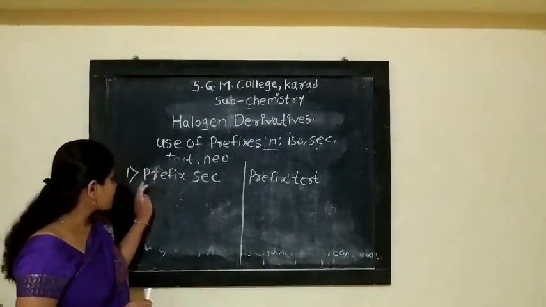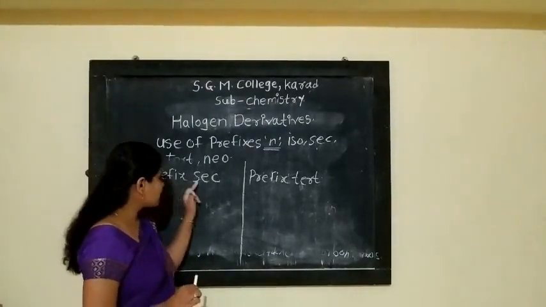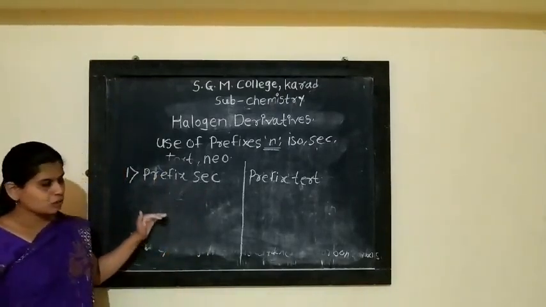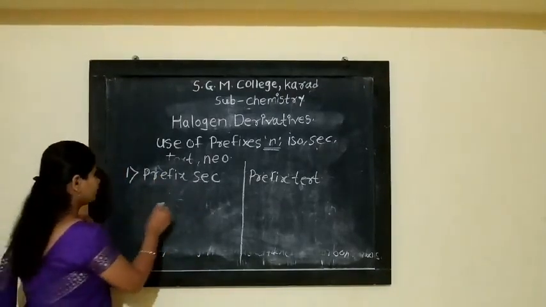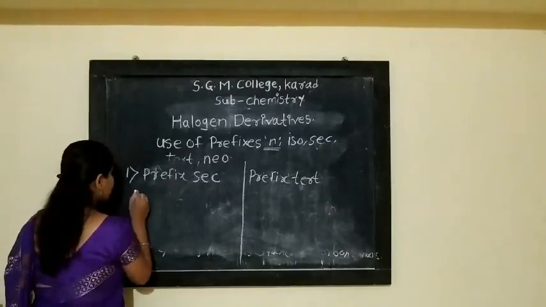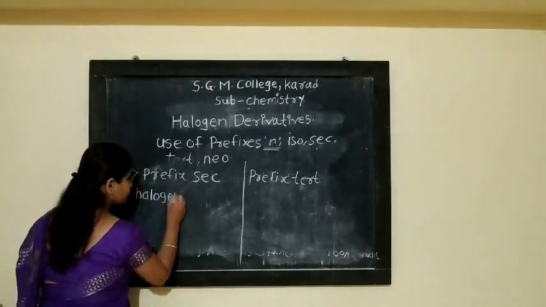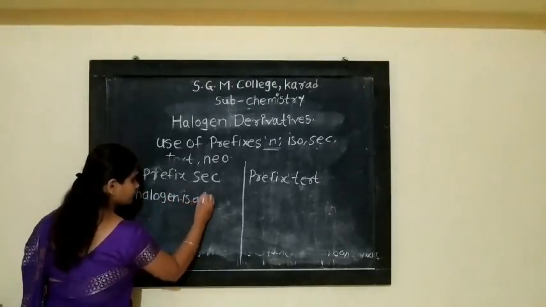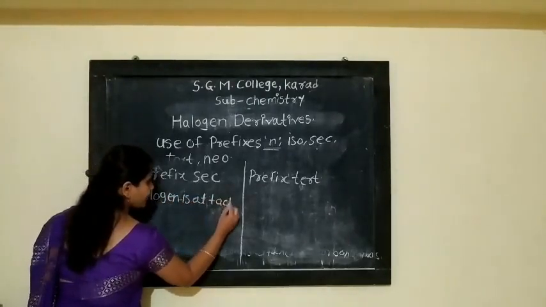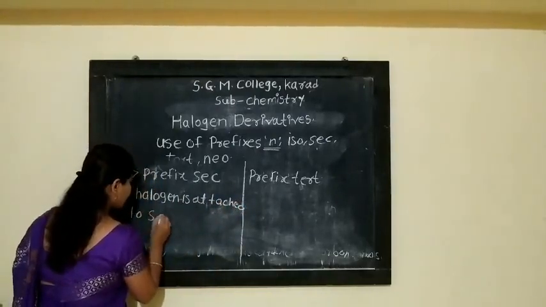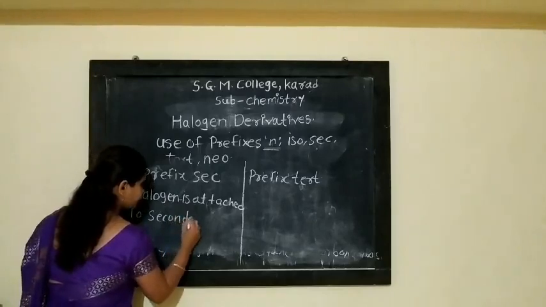Here, when you use the prefix secondary, the halogen atom must be attached to a secondary carbon atom. The most required condition is that the halogen is attached to a secondary carbon atom.